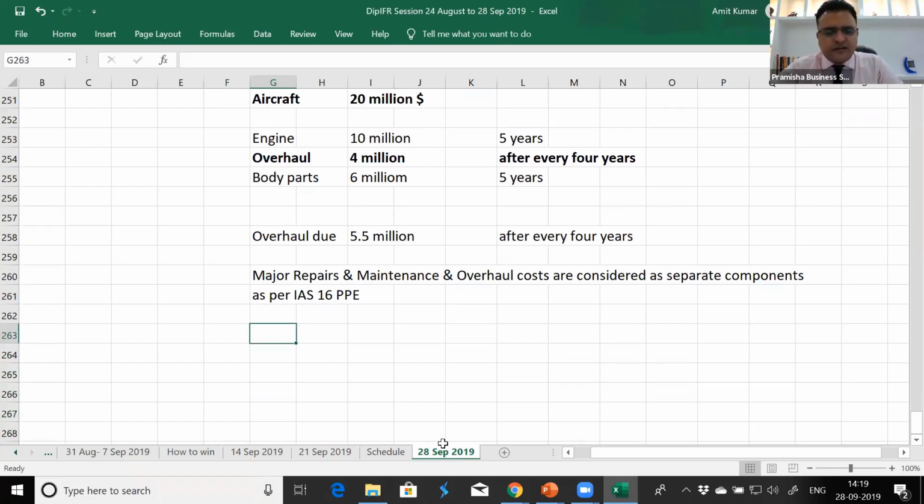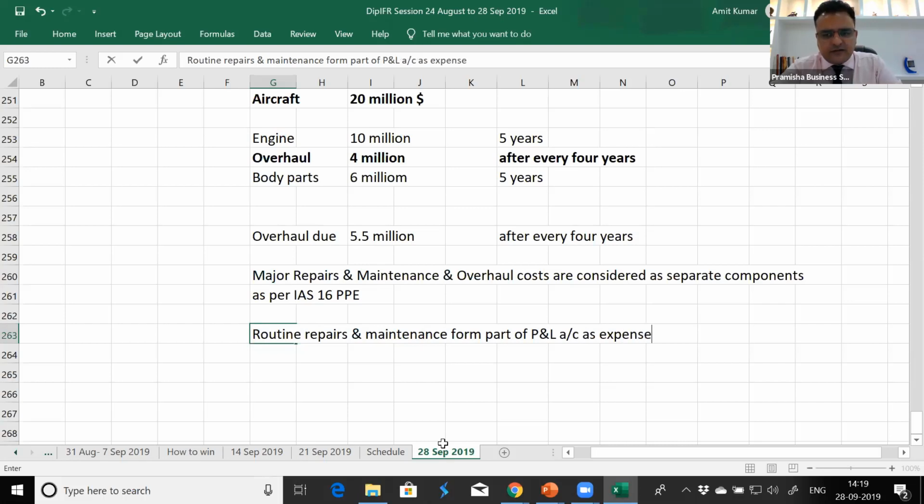Routine repairs and maintenance form part of profit and loss account as expenses.